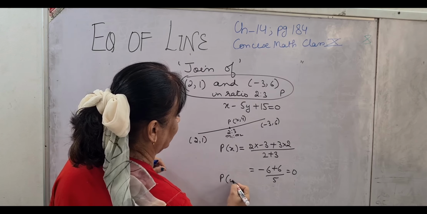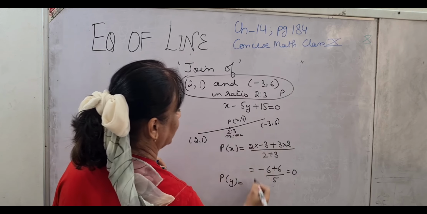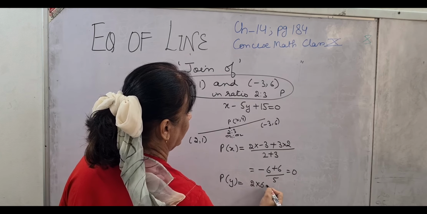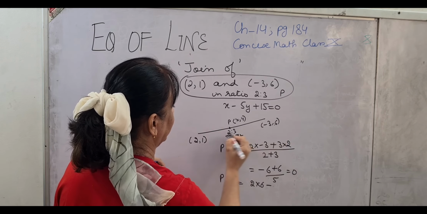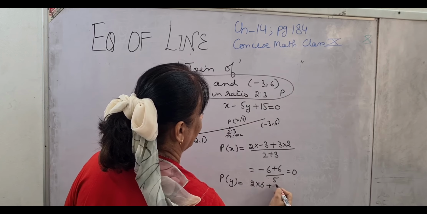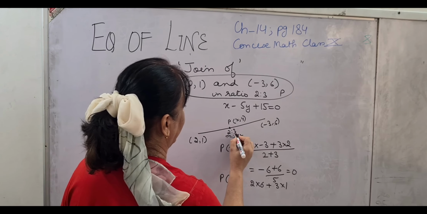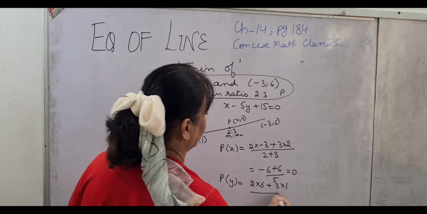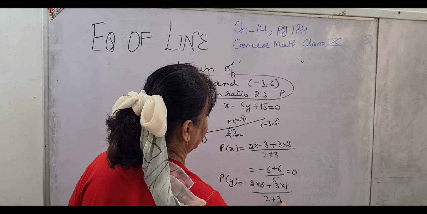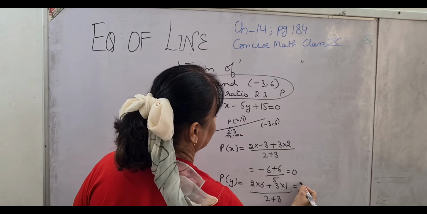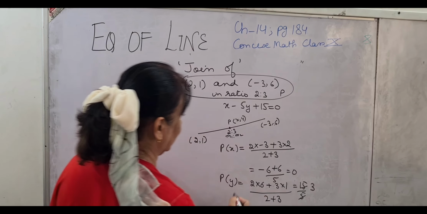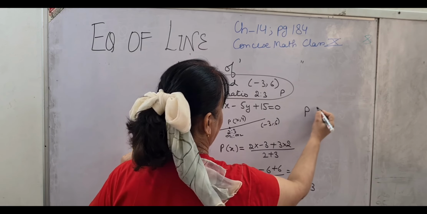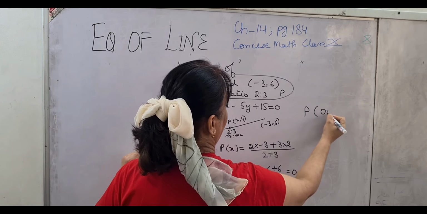Similarly, P's y coordinate: 2 into 6, m1 into y2, plus 3 into 1, m2 into y1, upon 2 plus 3. So this is 12 plus 3, 15 upon 5, that is 3. So ultimately I got a point P, 0 and 3.